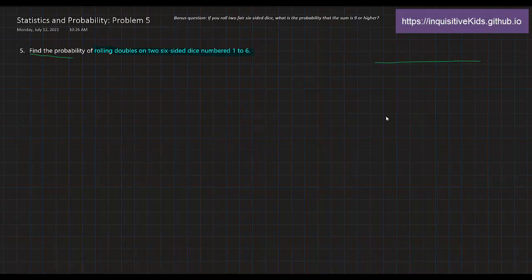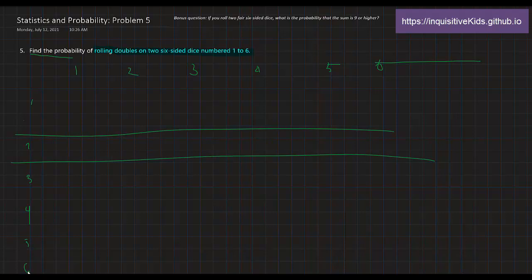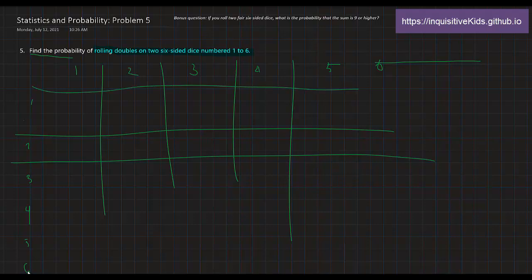Well, imagine that grid. On the top, it would be 1, 2, 3, 4, 5, 6. On the side, it will also be 1, 2, 3, 4, 5, 6. And we're going to break this up into different cells. This is really bad right now, but pretend some sort of grid like this. In each of these cells, I'm going to write that possibility.